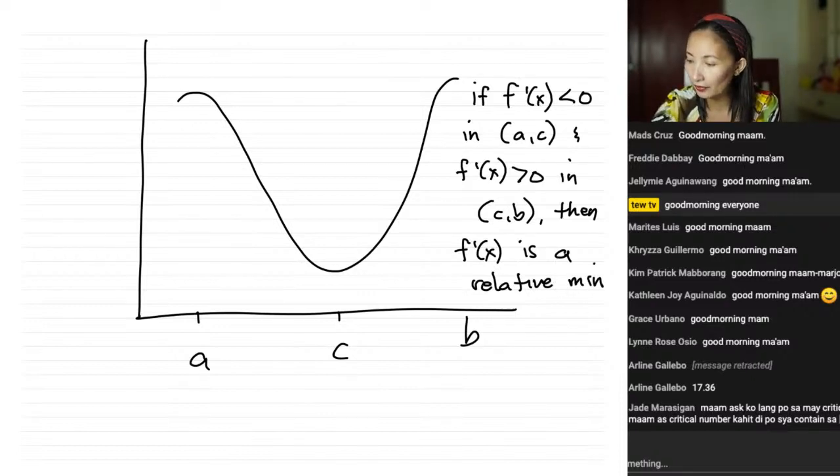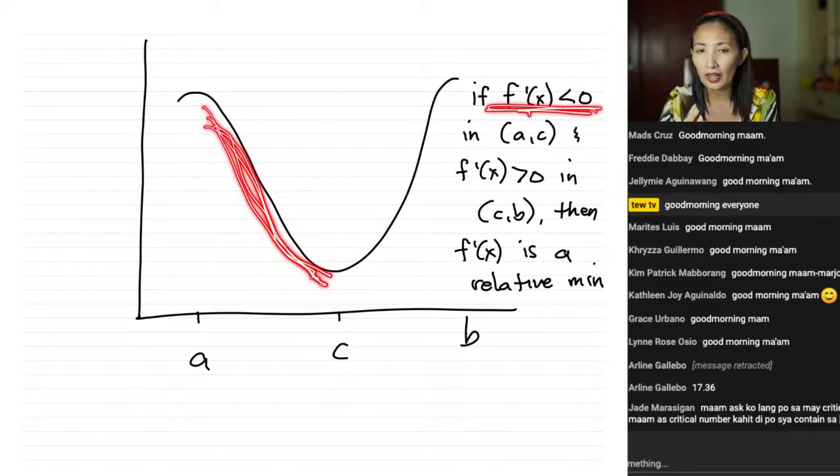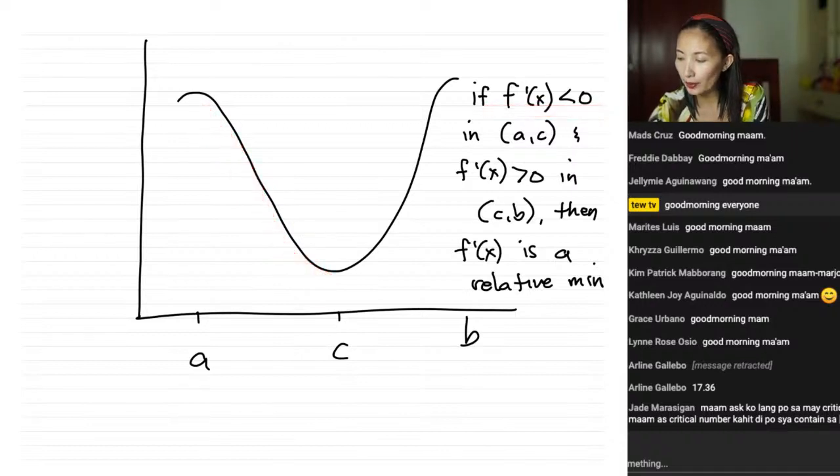Look at this graph. This is our interval AC. From A to C, what can you say about the graph? It's decreasing, yes? F prime of x is less than 0, or negative. But from C to B, within this interval, what happens?